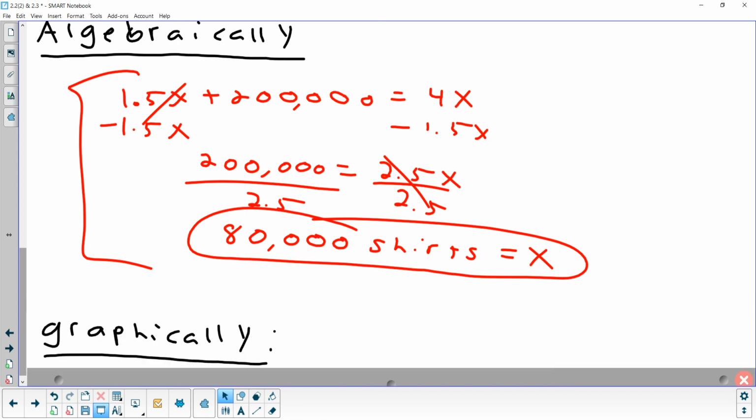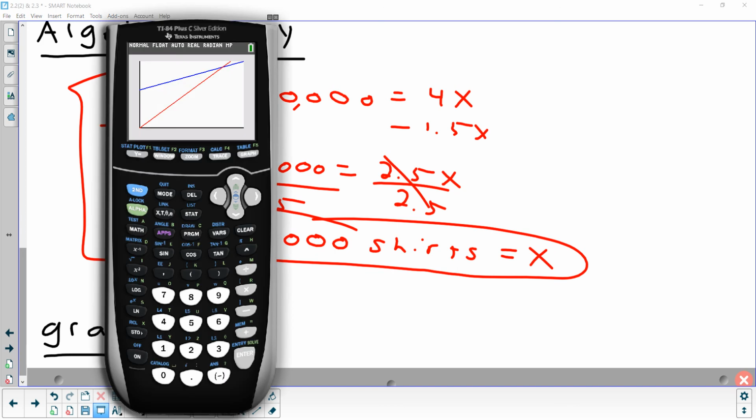Now, let's do the same thing graphically. So we already spent about 1 or 2 minutes to get that picture. Now we got to calculate the intercept. Can someone remind me the buttons that I have to press to do an intersect, Matt? Second calc, and 5. Yep.